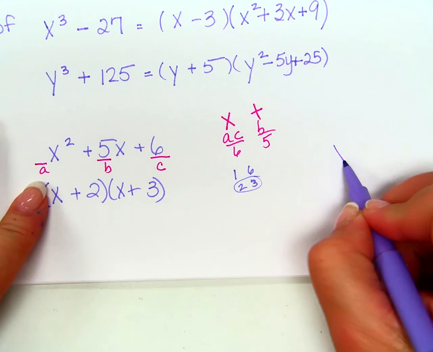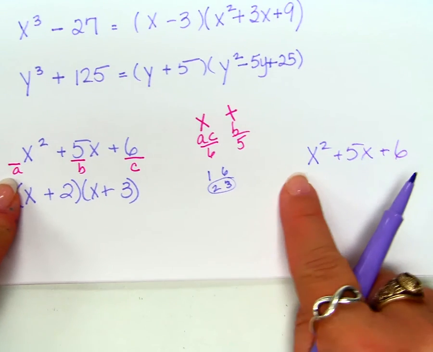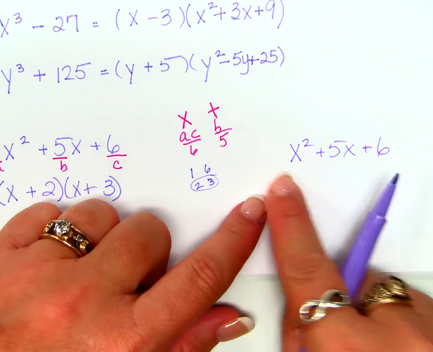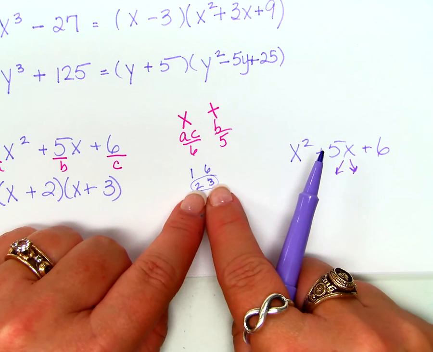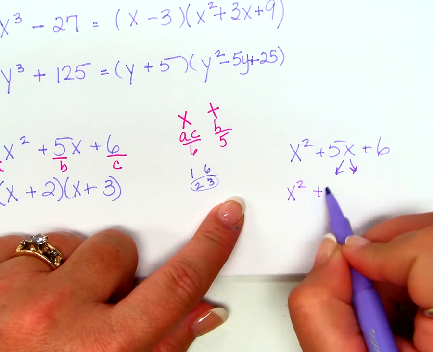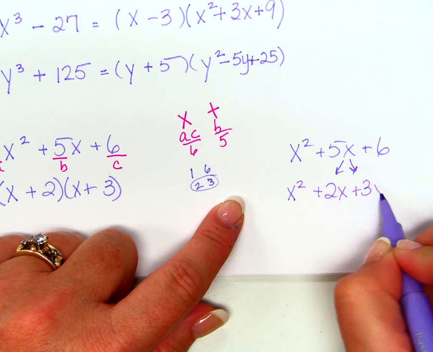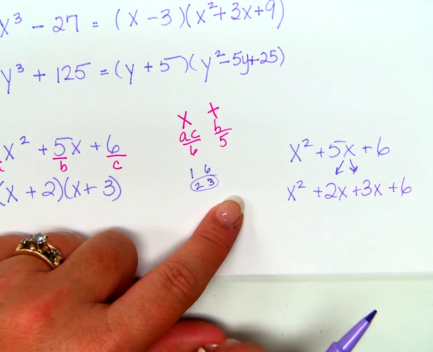Okay, so if we started with x squared plus 5x, we're just pretending for a second that A is not 1. We all know that A is 1. We had to split this middle term into two parts. And these two numbers are what determine the two parts. So we had x squared plus 2x plus 3x plus 6. Do you see how those two equations are equivalent?